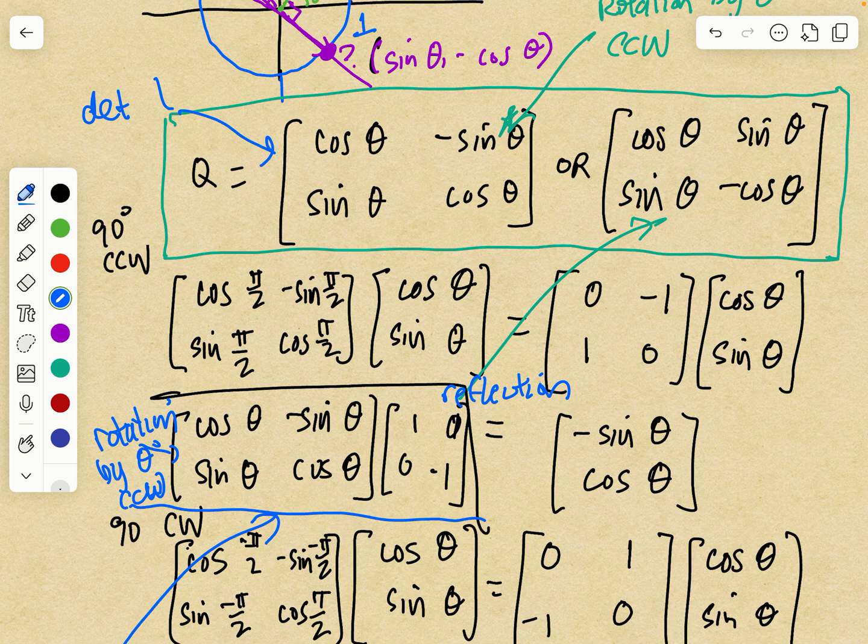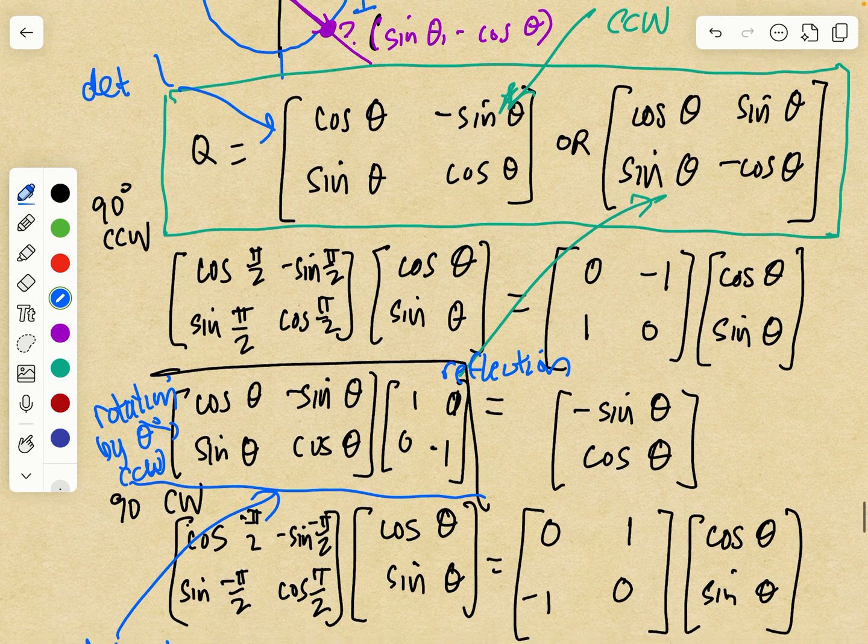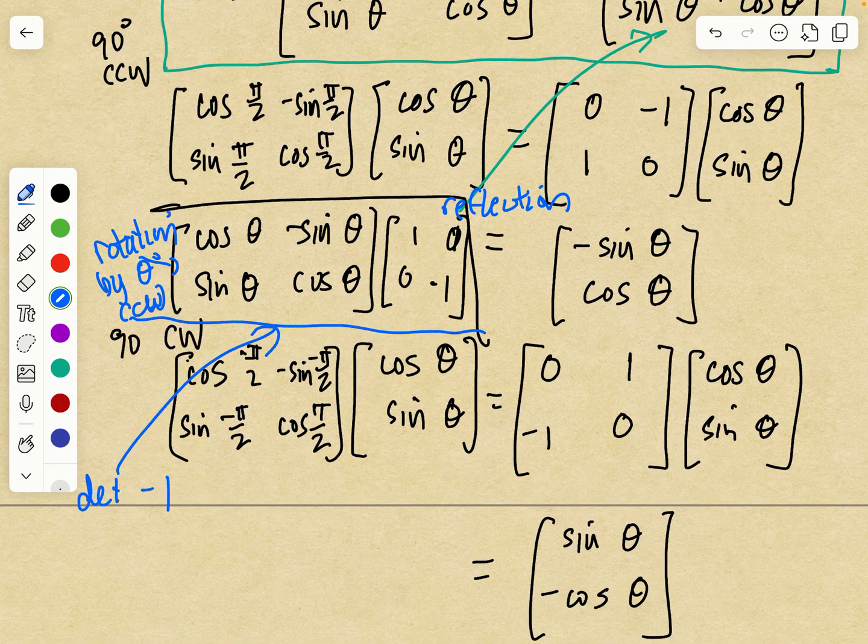And then the second one, the ones with determinant negative 1, those are obtained by first reflecting about the x-axis and then doing a rotation by theta degrees counterclockwise. And again, rotation by theta degrees counterclockwise really means clockwise if theta is negative.